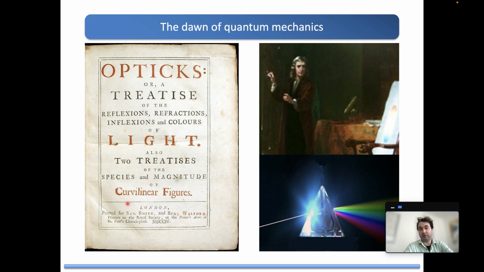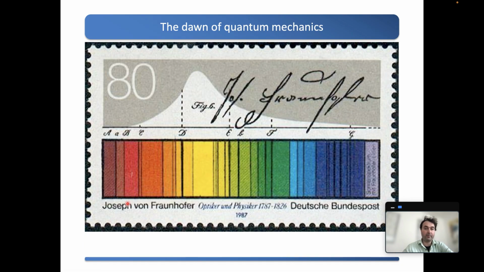And actually, when we think of the reasons why we started to introduce quantum mechanics and replace classical mechanics by quantum mechanics, a lot of this has to do with observations people made in spectroscopy. That goes back to the early days when Newton started to look at the spectrum of sunlight with the use of prisms.